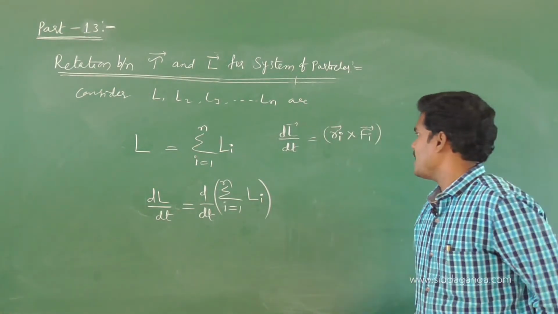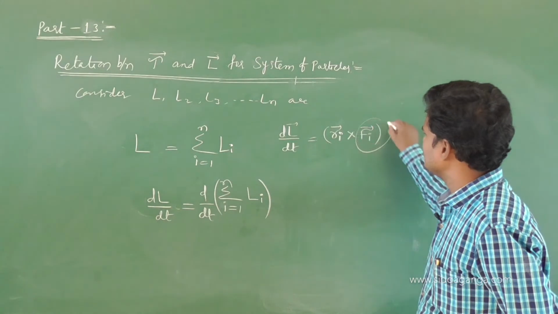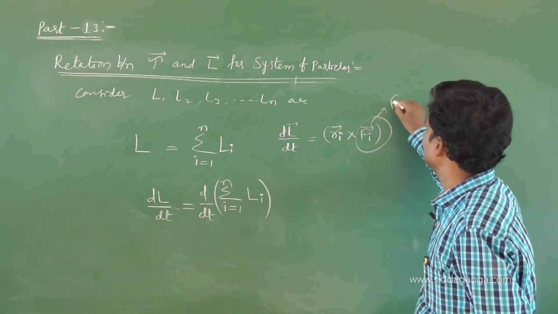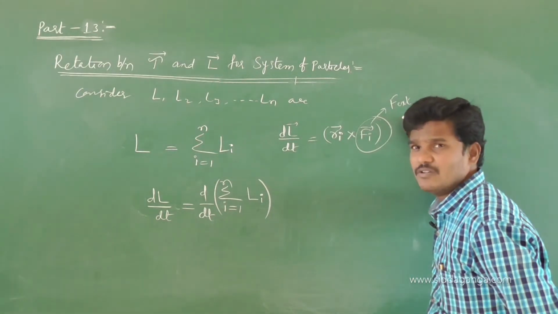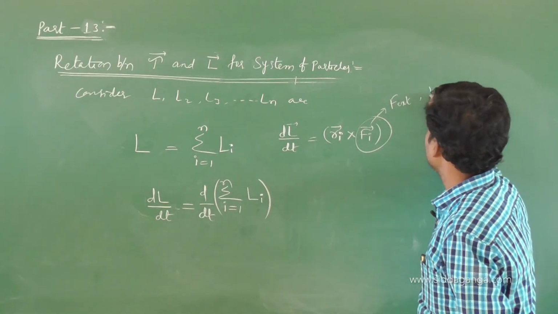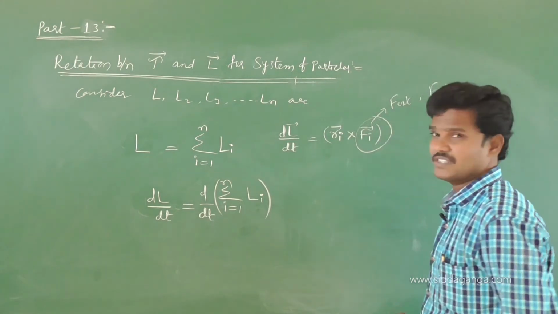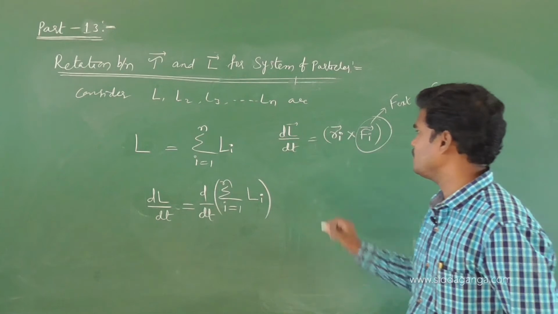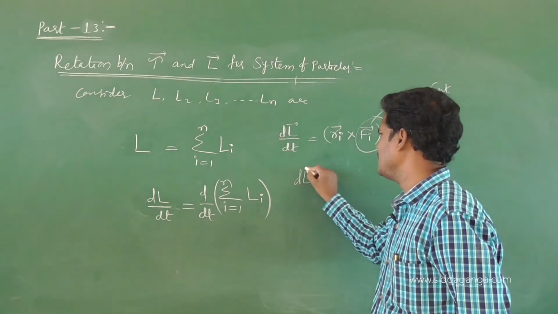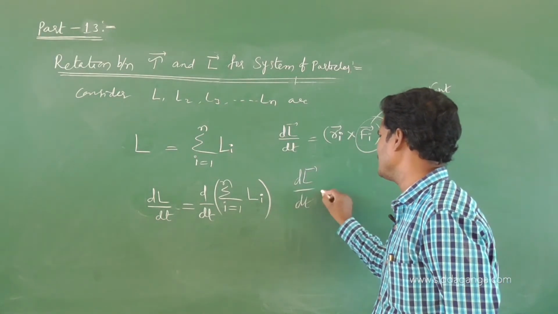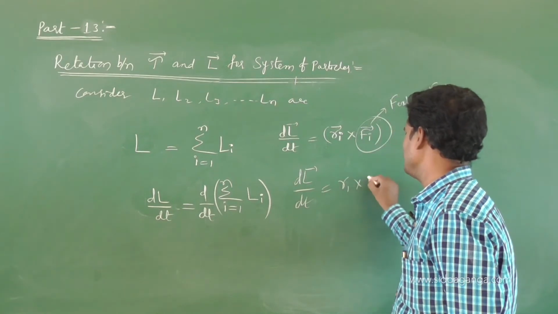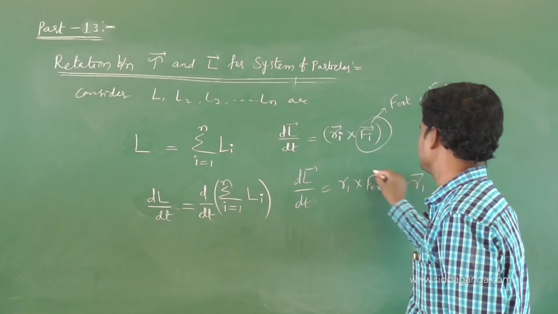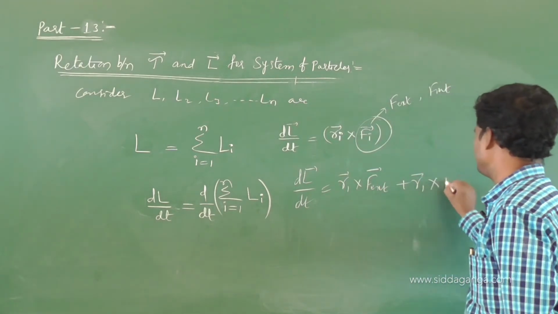Okay, and see, this force is the combination of external forces acting on the particle and also internal forces. So we can write dL/dt as ri cross F external plus ri cross F internal.